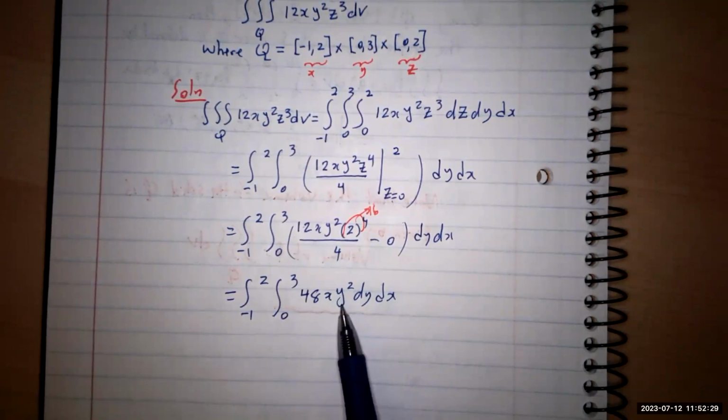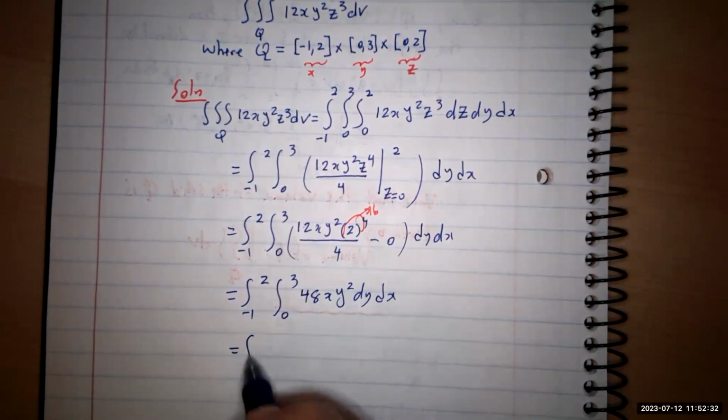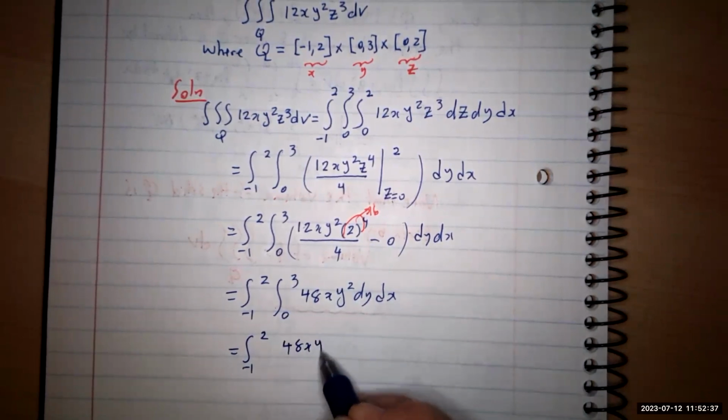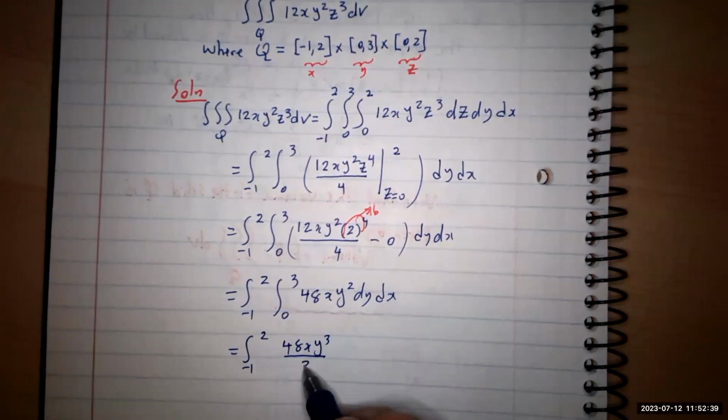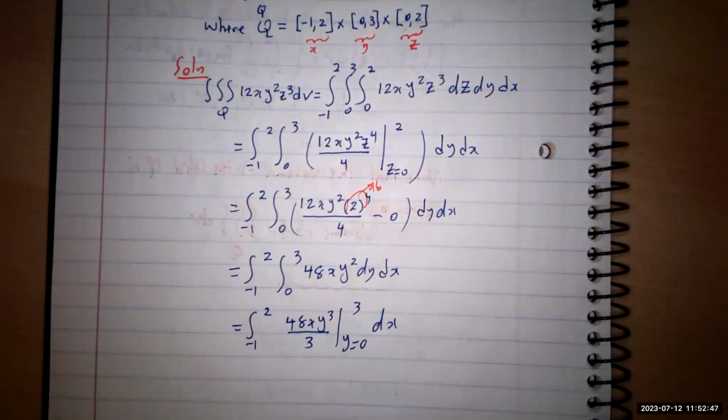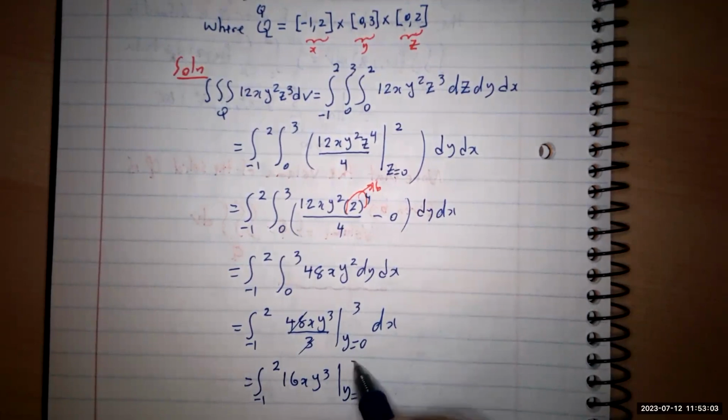Okay, now integrate with respect to the y. It's going to be -1 to 2, with respect to y: 48x y cubed divided by 3, so y going from 0 to 3, then the dx. Okay, we can simplify that, which gives us 16. So that gives -1 to 2, 16x y cubed, now y from 0 to 3, then the dx.